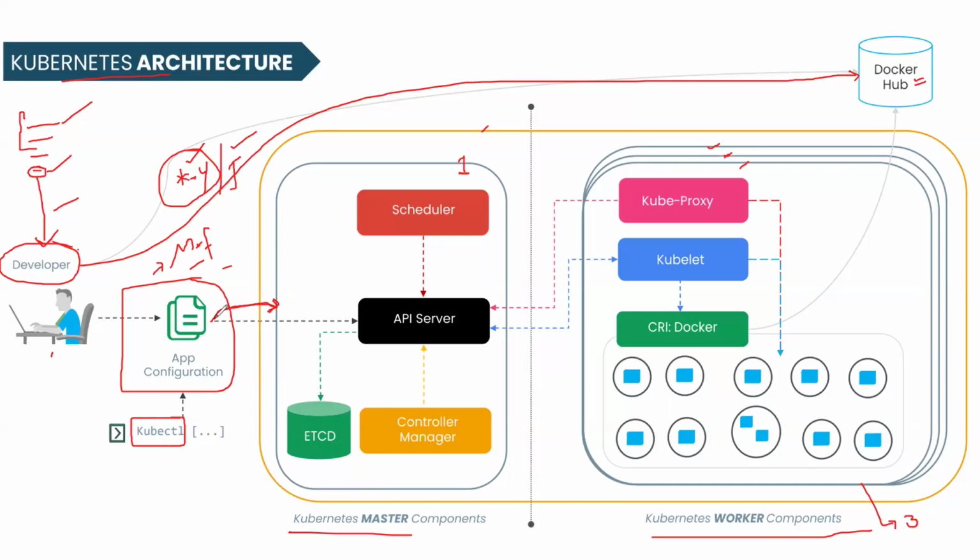Once we submit the request through kubectl, in the Kubernetes master node there is a component called the API server, the first component you can consider. This API server acts as an interface between the user request and the Kubernetes master.